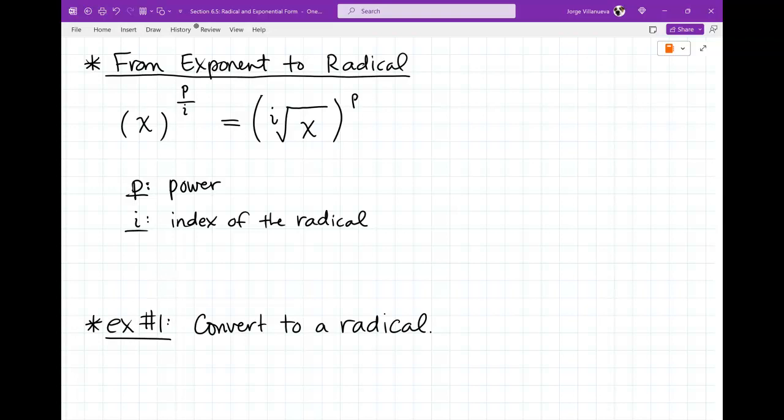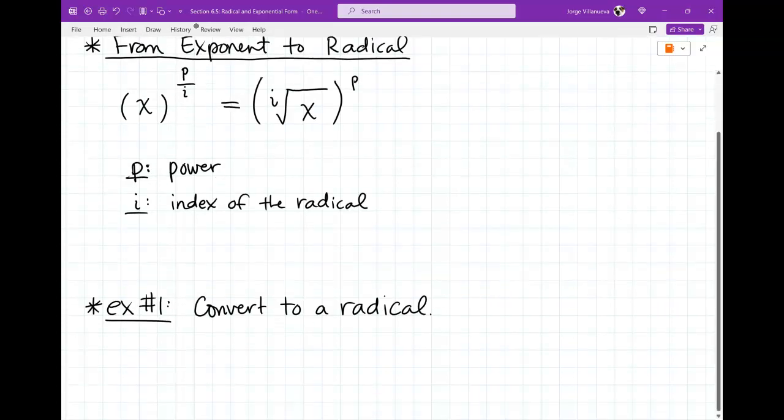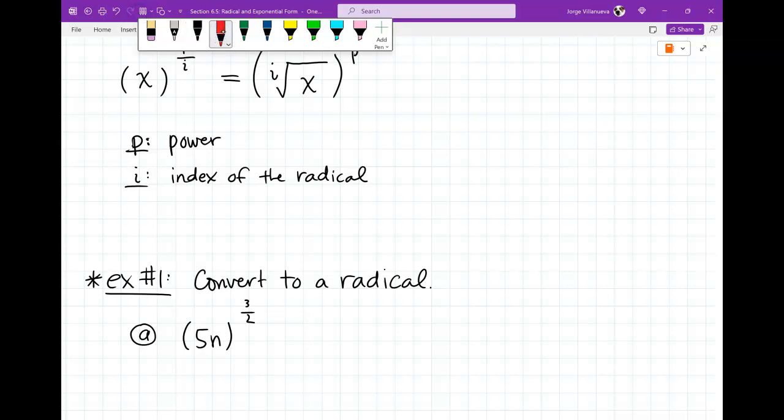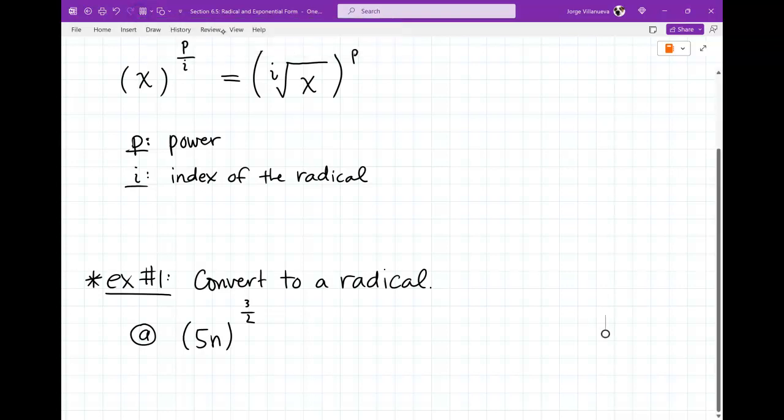I think on the homework it's going to say write in radical form, but I'm just going to say convert to a radical. So here's the first one: 5n to the 3 over 2. So 5n to the 3 halves.